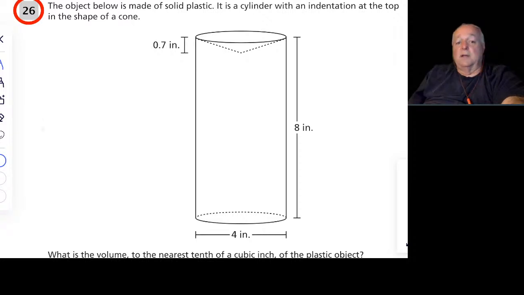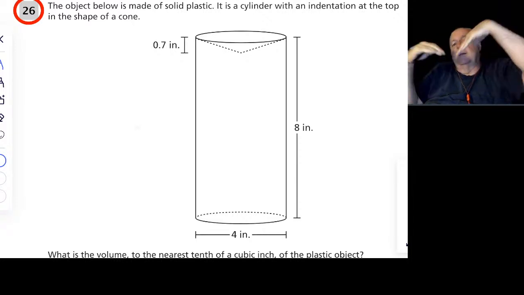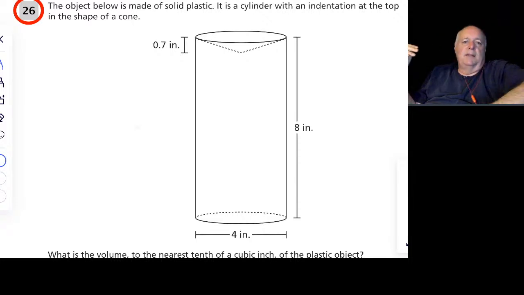All right, so we have what looks like a cylinder with a kind of inverted top, and that dotted line seems to be implying that there's a cone there. There's nothing really going on here. The base of the cylinder is 4 inches, and the height is 8 inches.